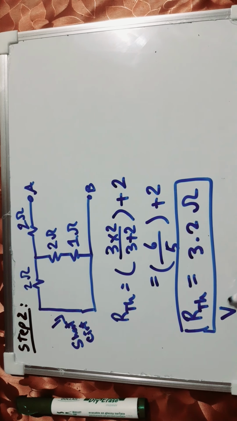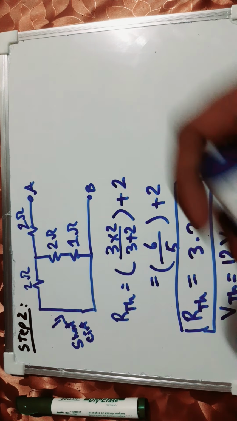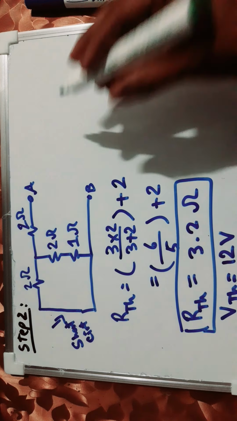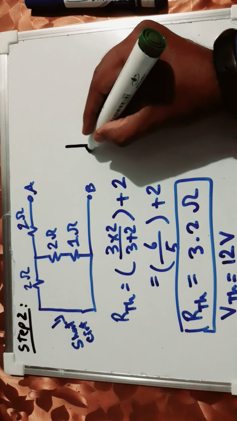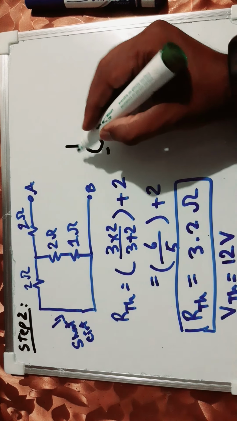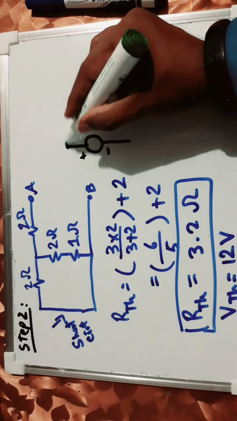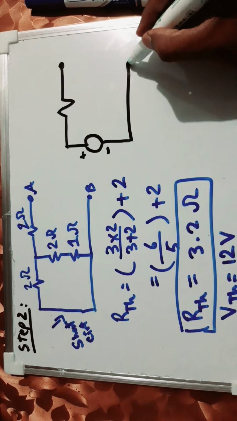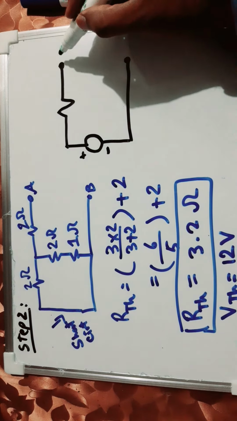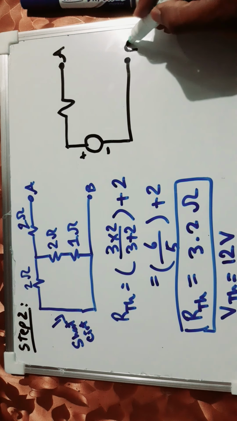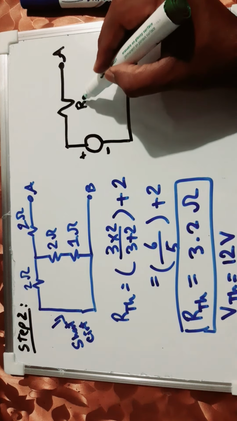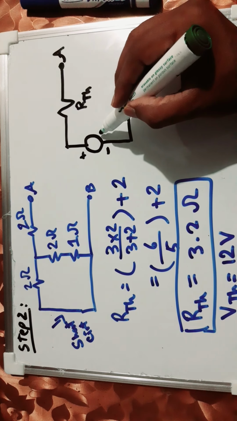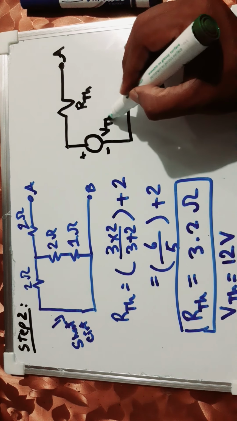And what was our V Thevenin? Our V Thevenin was 12 volt. So what will be the final circuit for this? The final circuit will be a voltage source and a resistance in series, that is A and this B. So that is the Thevenin equivalent resistance, and this is the Thevenin voltage.